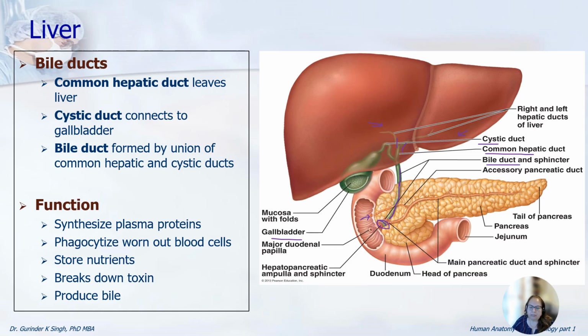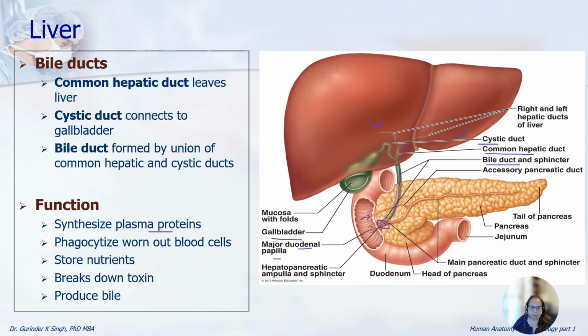The opening of both the bile duct and the main pancreatic duct is in a small raised area inside the duodenum, known as the major duodenal papilla. Okay, what's the function of the bile, and also the liver? The liver synthesizes lots and lots of plasma proteins.